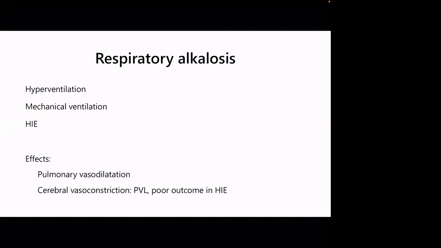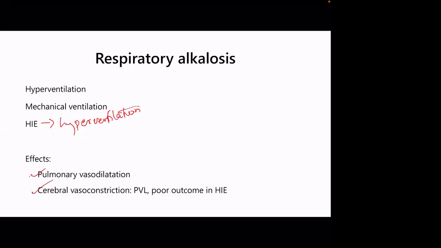Then respiratory alkalosis can happen with hyperventilation or inadvertent high tidal volume in mechanical ventilation, and in patients with HIE who are in the hyperventilation phase, not the initial phase. The effects are pulmonary vasodilatation and cerebral vasoconstriction.